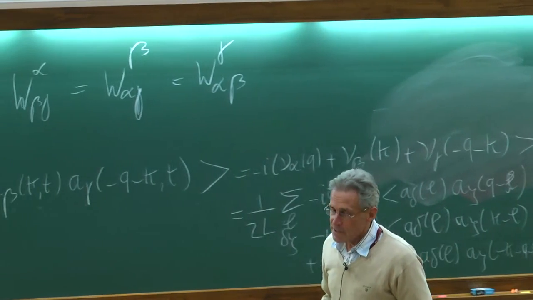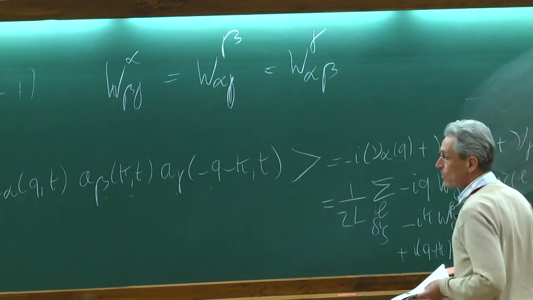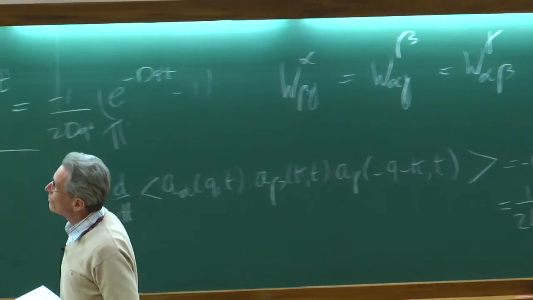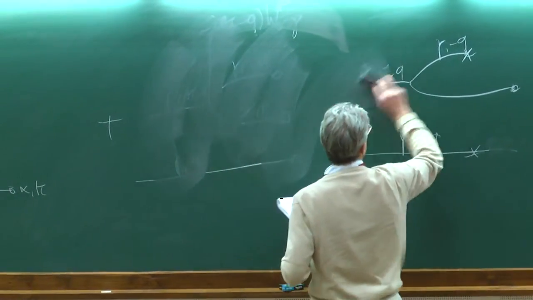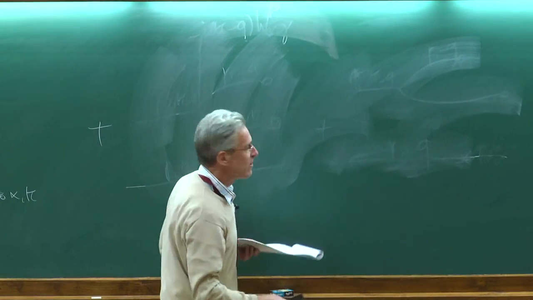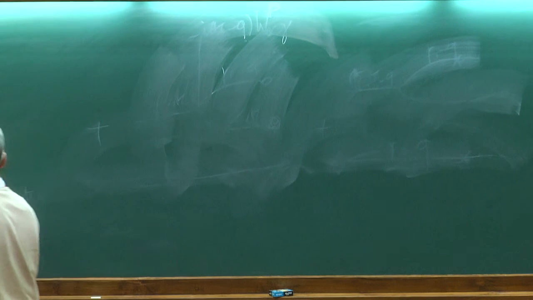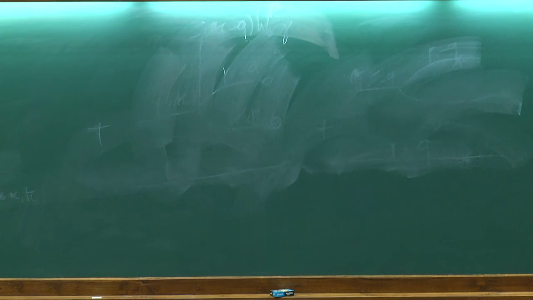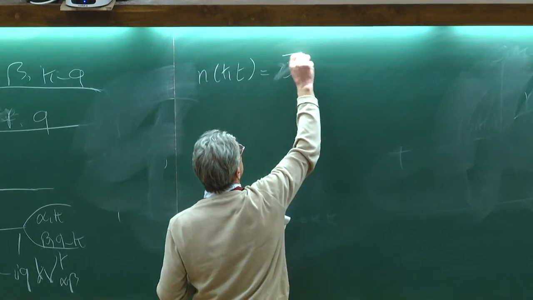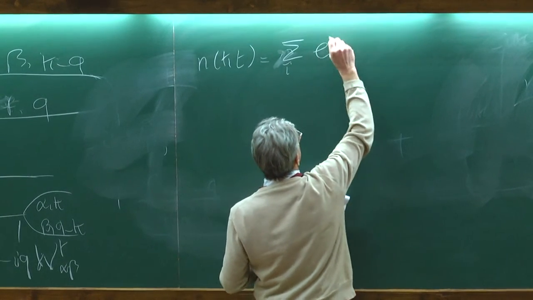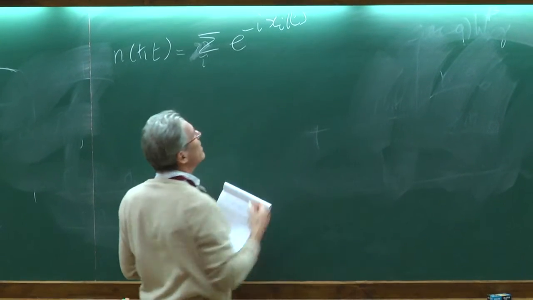Now, what can one do about it? I've thought of two possible solutions. The first possibility is to go to a more microscopic formulation of mode coupling theory, where the density would be the sum over all particles of e to the minus ik xi at a time t.